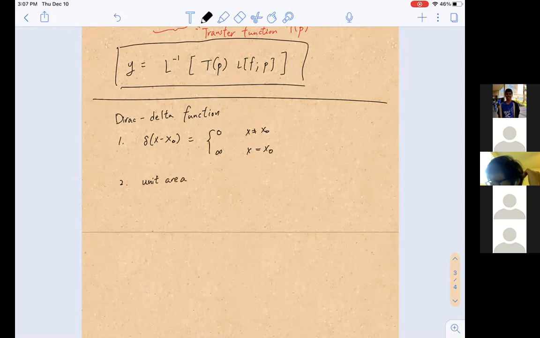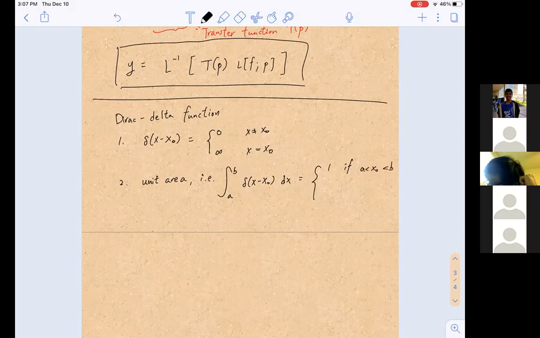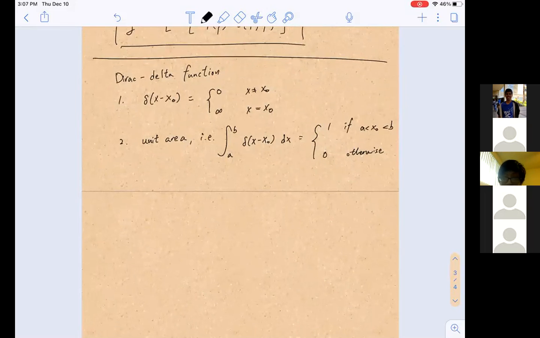Okay, so that means whenever you integrate over the delta function, it's equal to 1 if your interval includes the spike, and it's 0 otherwise. So interval is outside the spike. So that's the definition of delta function.